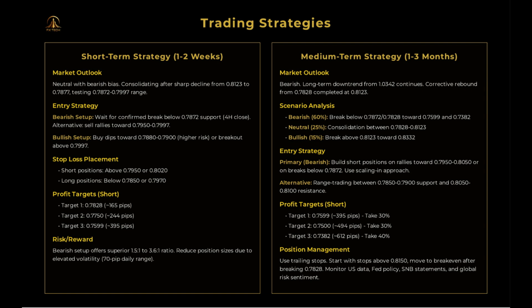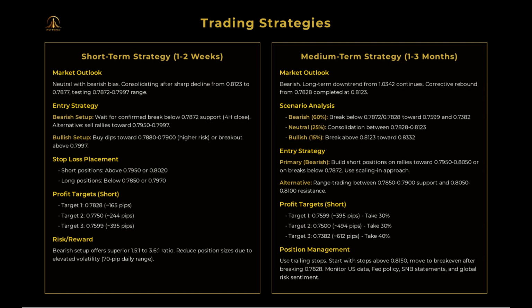The bearish setup involves waiting for a confirmed break below 0.7872 support, or selling rallies towards 0.7950-0.7997. Targets include 0.7828, 0.7750, and 0.7599, offering risk-reward ratios from 1.5 to 1 to 3.6 to 1.